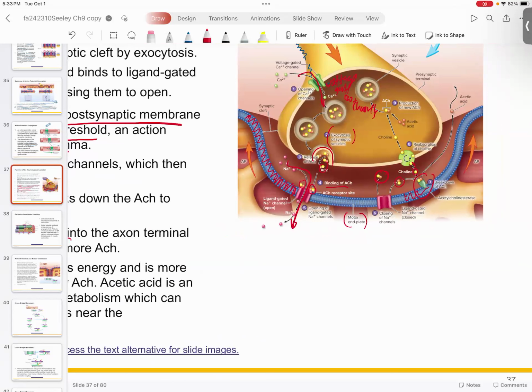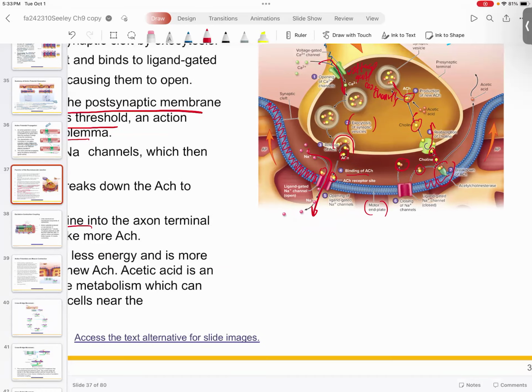This is a transporter that is actively taking in the choline and bringing it back into the neuron, where it will bundle that up with more acetic acid and reconstitute acetylcholine and package that into new synaptic vesicles, waiting for the next neural stimulus, the next action potential to come through. So you use choline and you recycle it, and you make more acetylcholine with it.